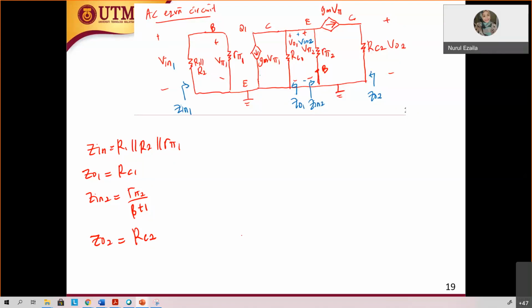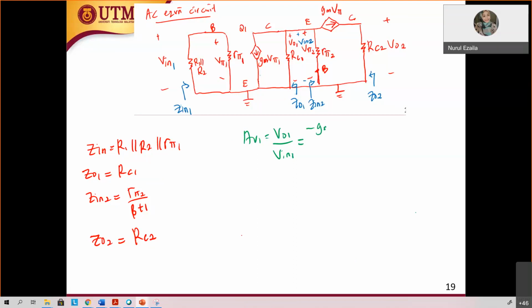So for this, V in 1. What am I talking about? AV1 is V out 1 over V in 1. So what is V out 1? Come on, quick. Give me the total current first. What is the total current for V out 1?